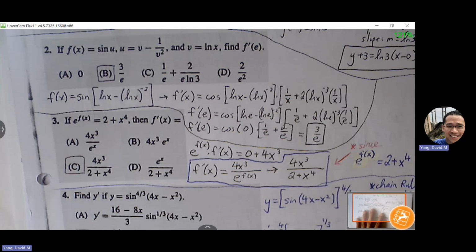I can't bring the -2 down. This is chain rule here. So the -2 becomes -3, times minus 1 over x. The reason is because this is not the same as this. This I can bring down, but if I bring this down, that's a completely different expression. So I have to go through chain rule.